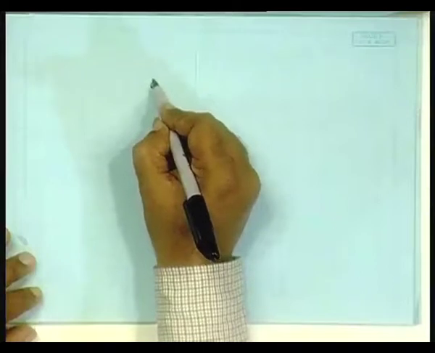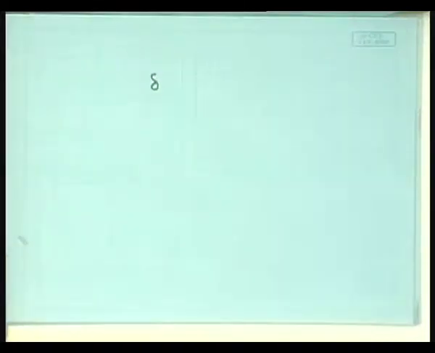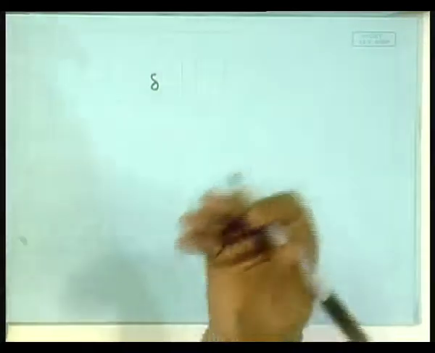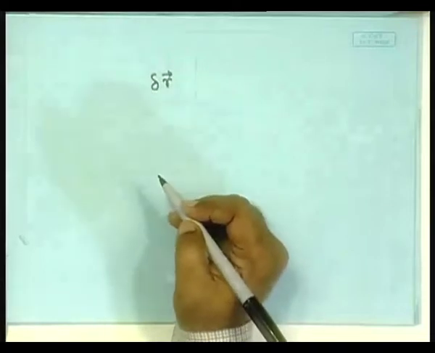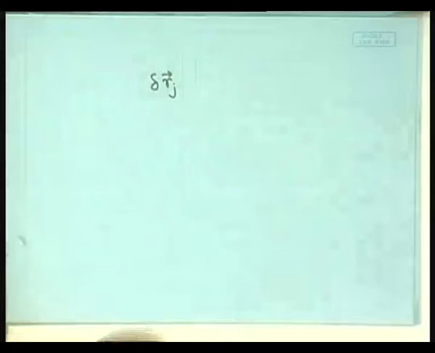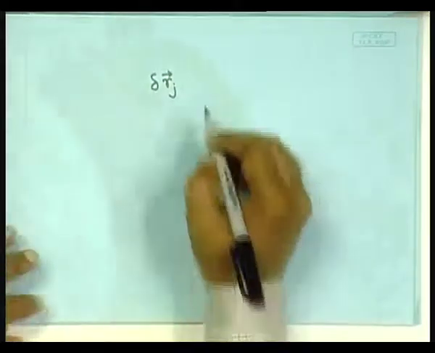So, that is the admissible motion, admissible displacement, and that is given by the symbol delta. So, if r is the position coordinate, then delta r is its admissible motion, for the jth body delta r_j.